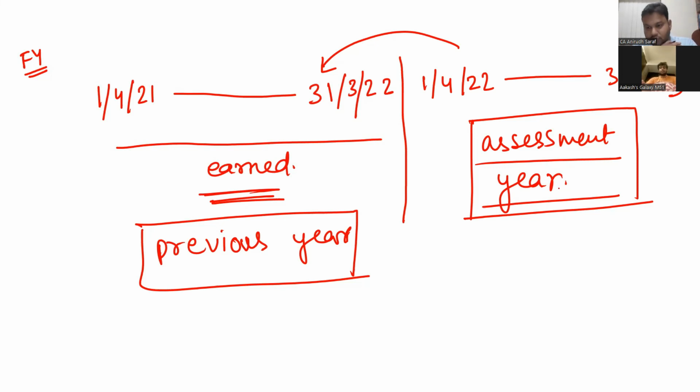Just listen to this. Whatever income you are earning in one financial year, the assessment for that happens in the next financial year. So the next financial year is called the assessment year, and the one in which you are earning the income is called the previous year. This much is clear? Now just pay a little bit of attention, and you will understand this completely.